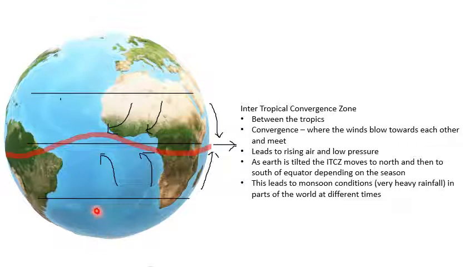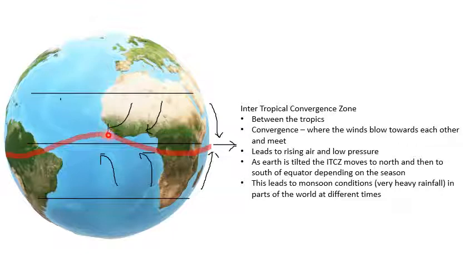Now on these belts, at different times of year, where the highest energy is, you're going to have the most evaporation and the most rapid air movement and highest low pressures. So this is going to lead to the monsoon conditions, which is why we often get monsoon conditions in the summer months, because of the higher solar energy driving the evaporation rates.